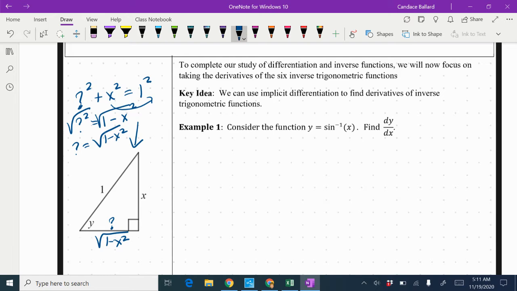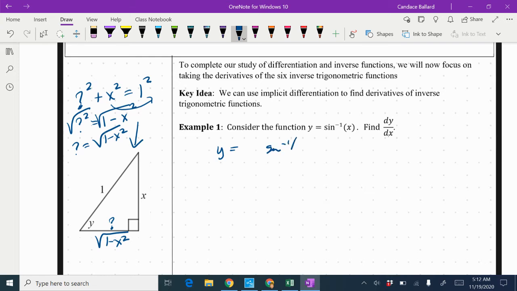All right, so we're going to consider the function y equals sine inverse of x. And we're supposed to find the derivative. So without knowing that anything else exists, the first thing we would want to do is get rid of the sine inverse, because I don't really know anything about that derivative, but I do know the derivative of sine.